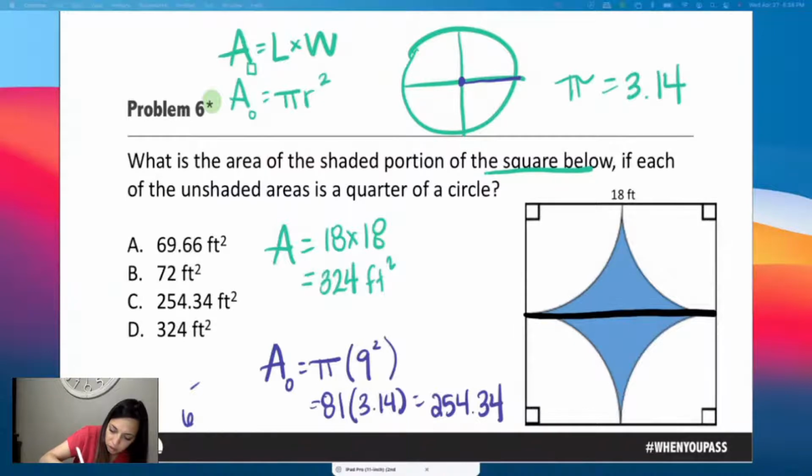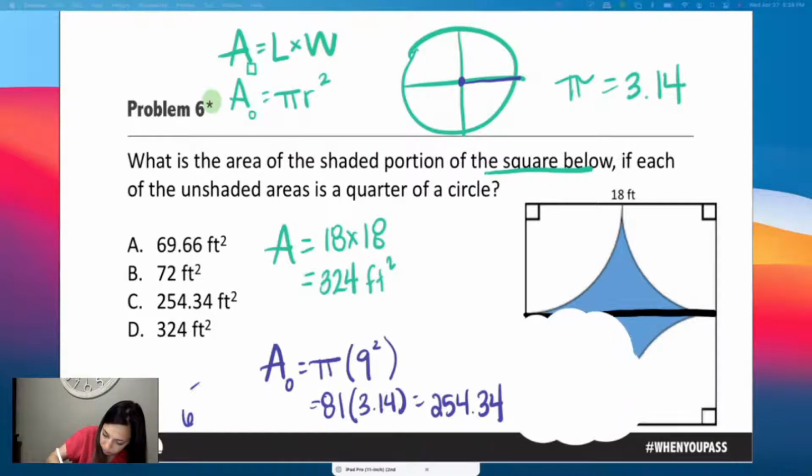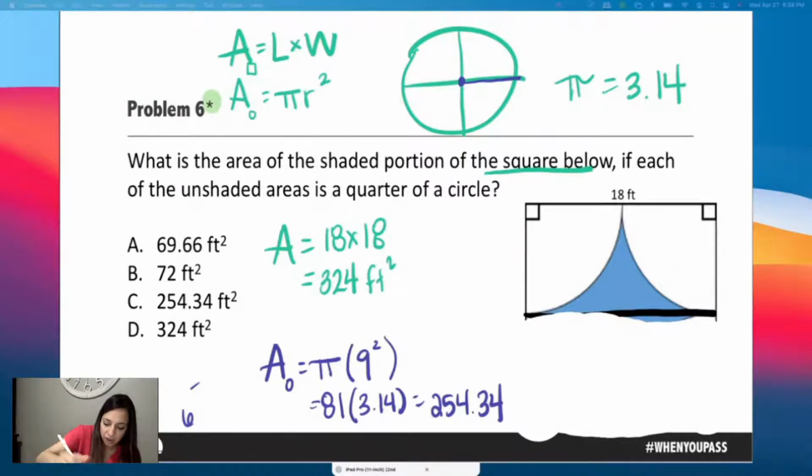What if they asked us to find the area of the shaded portion here, and it looked like that? And they told us that this was 9. What would you do? In this case, we would find the area of that rectangle. So we would do 18 times 9 instead.